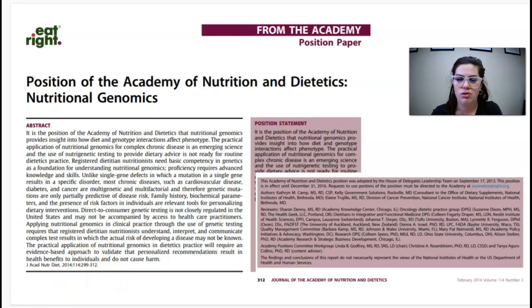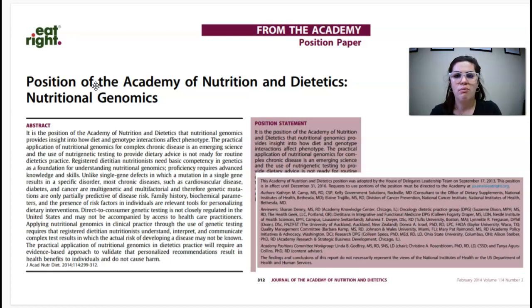Typically in a journal article, the authors are going to be listed at the beginning, somewhere at the top of the article. But the interesting thing about these position papers from the Academy specifically is that it's from the position of the Academy as a whole, but someone does still write them.